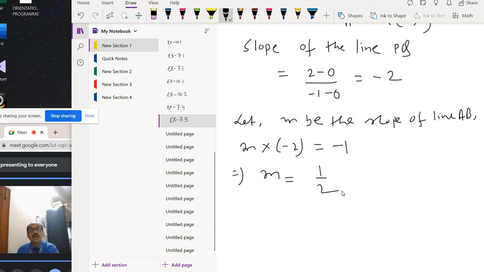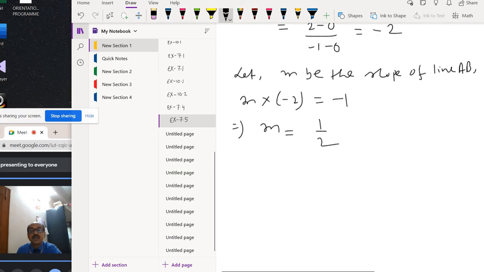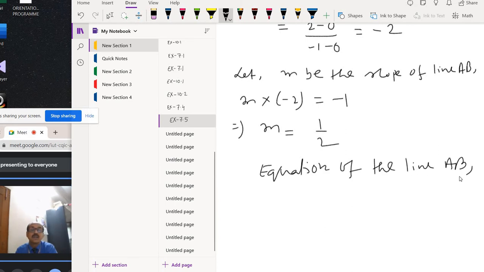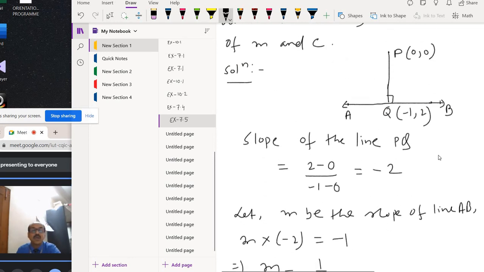Now we first have to find the equation of the line AB. The equation of the line AB, having slope 1 by 2 and one point minus 1 comma 2.